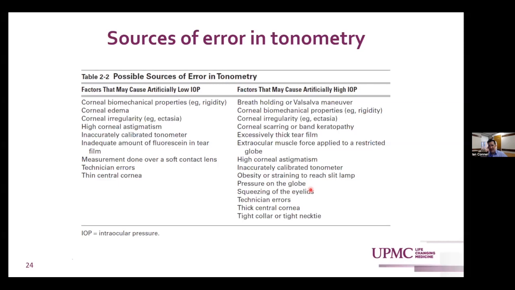So if you're pressing on the eye while you measure the IOP, that can raise the IOP. Astigmatism, poor calibration, obesity or straining. So that kind of goes in with the Valsalva, right? Pressure on the globe, squeezing the eyelids tight, thick central cornea, or a tight collar. So all of those things, you have to keep those in mind.